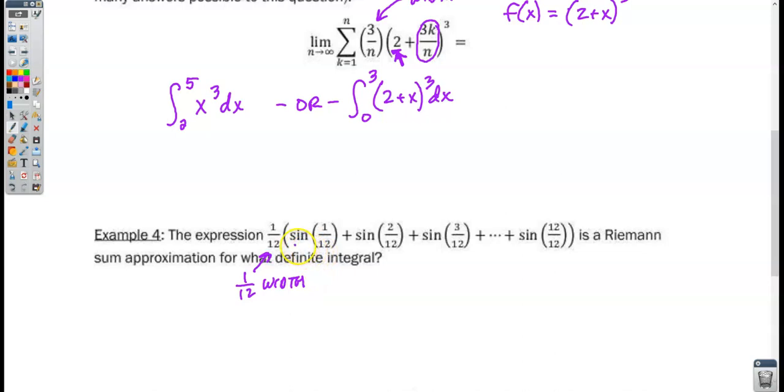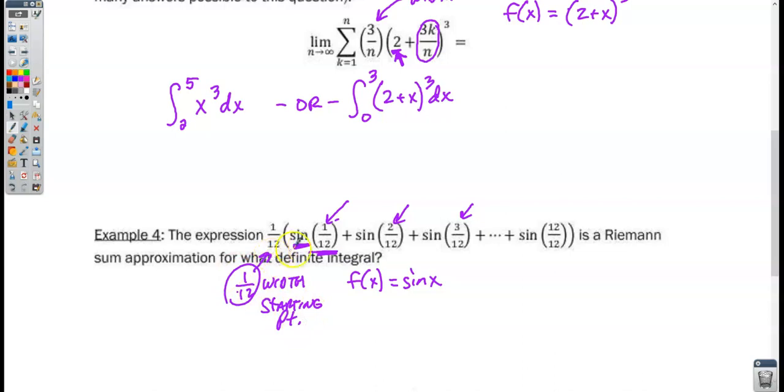Seeing that we're putting 1 over 12 into the sine function first, we're thinking about this as the right endpoint of our first interval. And so our function here, it looks like our function is sine. First rectangle we put 1 over 12 in, second rectangle 2 over 12, 3 over 12, all the way up to, and now here we're talking about the starting point. It looks like our starting point is at 0.